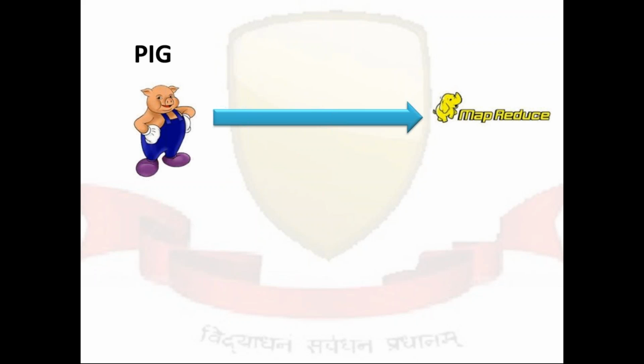One of PIG's core claims is that it provides a language for parallel data processing. For this purpose, it requires you to tell how parallel it should be. To do this, it provides a clause called parallel.